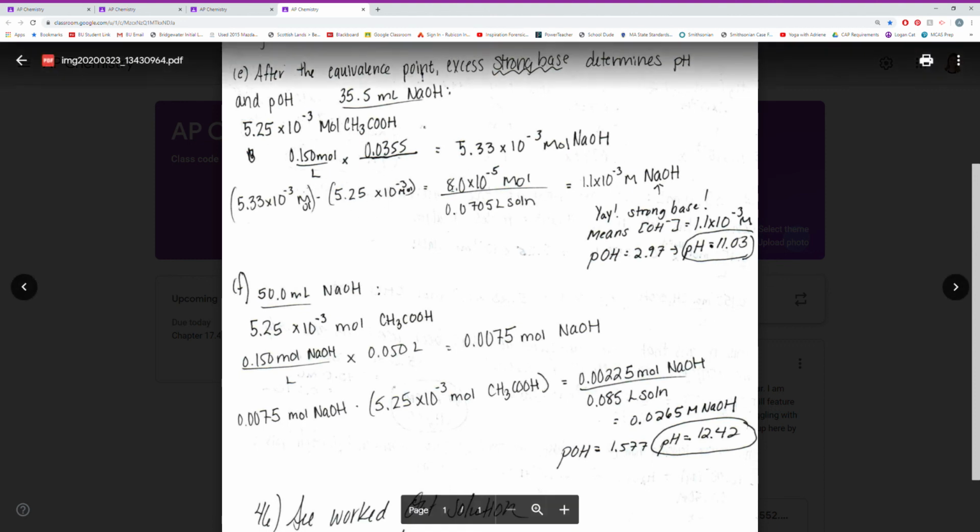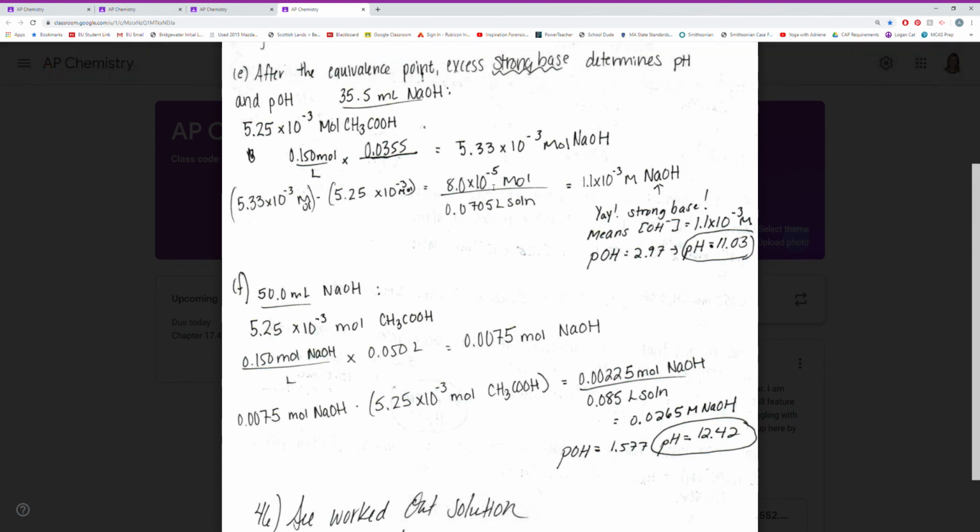And we find out that we have 8.0 times 10 to the negative fifth moles of the sodium hydroxide left, so not a ton. And we divide that by the total liters of solution, so the 35 milliliters of acetic acid and the 35.5 milliliters of the sodium hydroxide to get a concentration of 1.1 times 10 to the negative third molar sodium hydroxide.